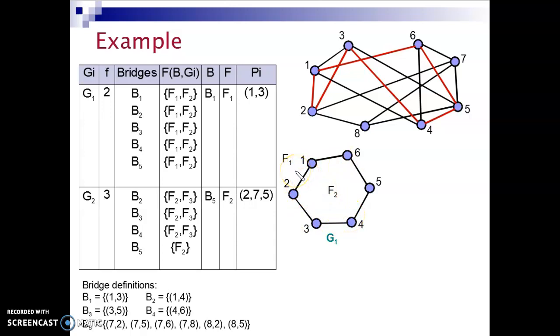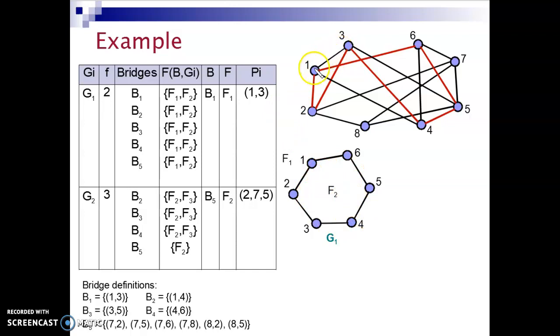As you remember, in planar graphs, we can identify the faces of a graph, and let's call the exterior face F1 and the interior face F2. After identifying the faces, now let's find out the bridges of the original graph with respect to the cycle G1.